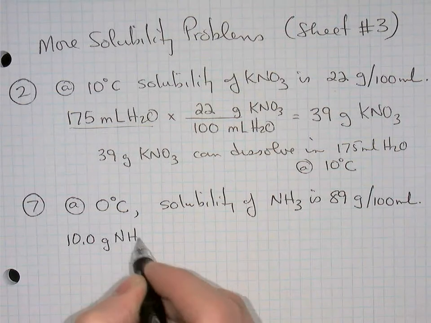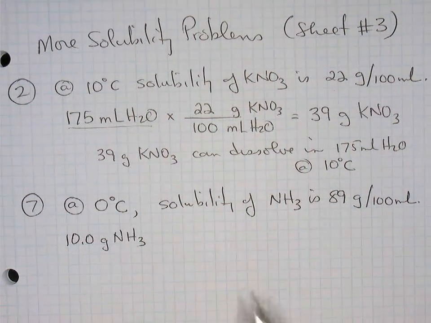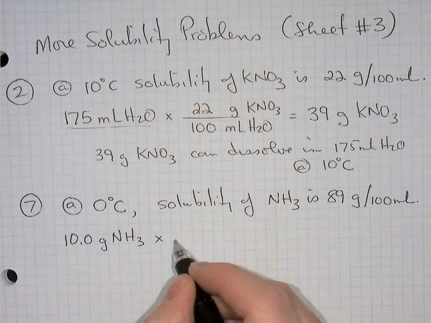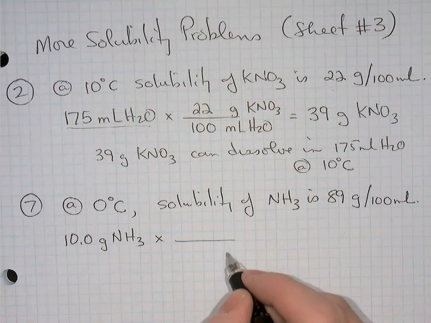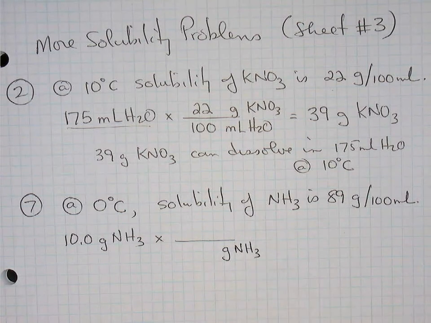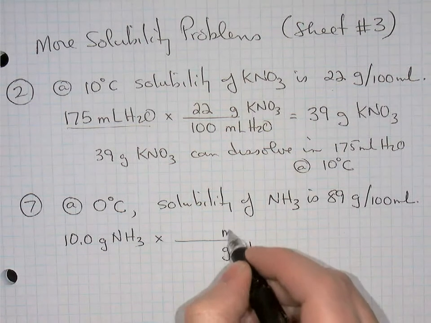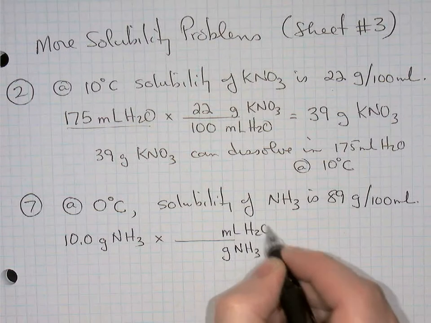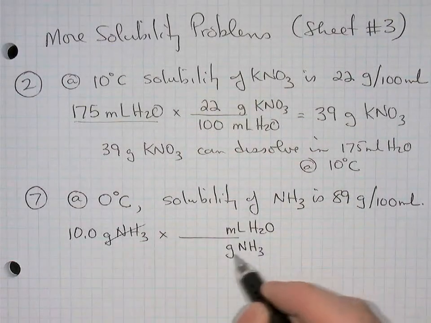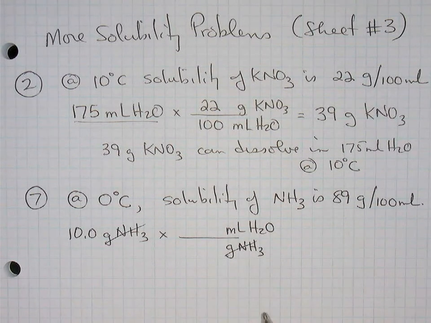10.0 grams of ammonia, and we're wondering how much of this ice water we should use to dissolve that. So we're going to again use the solubility. This time we'll get rid of the grams of ammonia by putting that on the bottom, and we'll find milliliters of water by putting it on the top of the multiplier. So the grams cancel and we're left with milliliters.